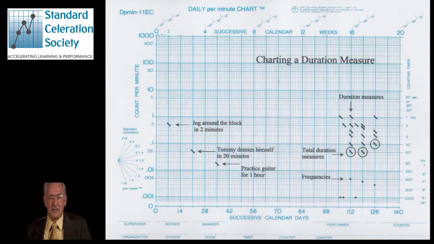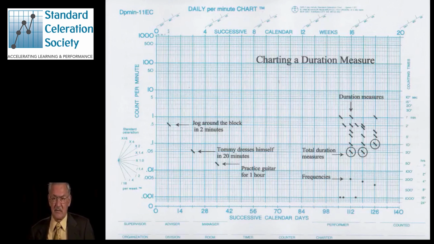Behavior can happen more often if it's not taking too long to happen each time. So as the duration gets shorter, the frequency goes up. As the latency gets shorter, the frequency goes up. Okay? So these are the procedures we have for displaying latency and duration on the chart.